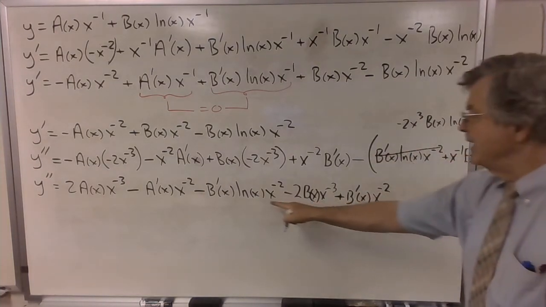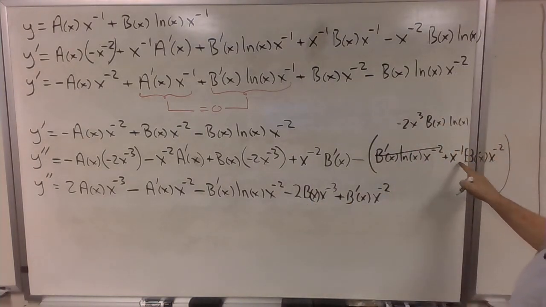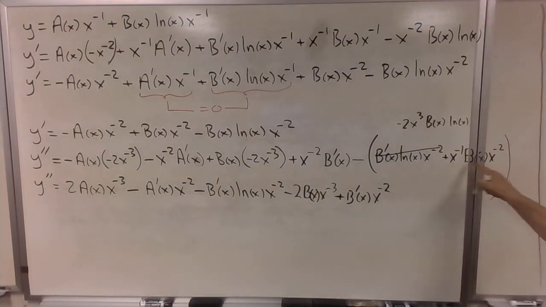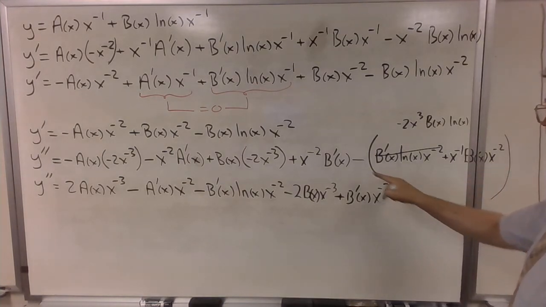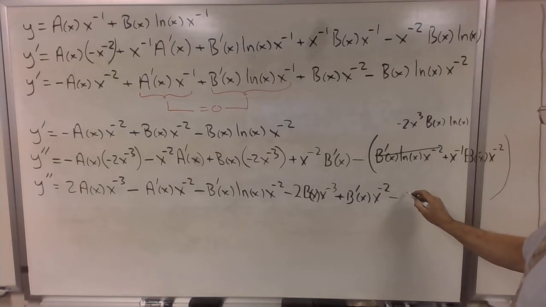This term went right there. I have x to the negative 1, x to the negative 2 is x to the negative 3 times b of x, but there's a minus sign out front.